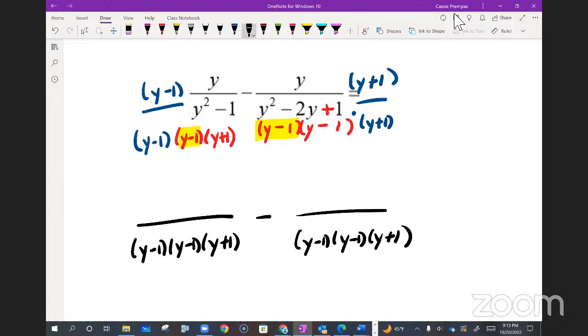Okay, as you guys are going, check to see that you have the right least common denominator. You should be obtaining y minus 1 times itself, or you could say y minus 1 squared times y plus 1. And then I'm going to keep working through this. If you could do so as well, please.